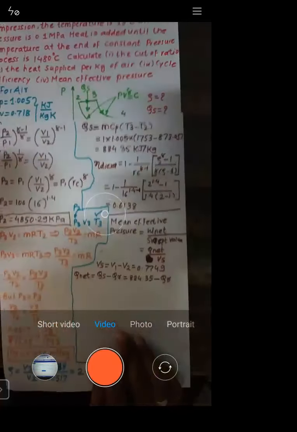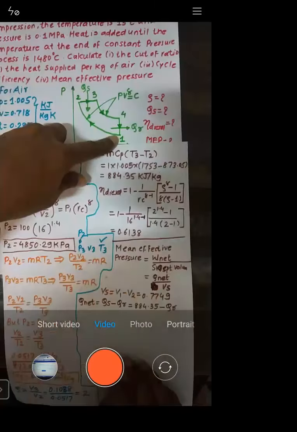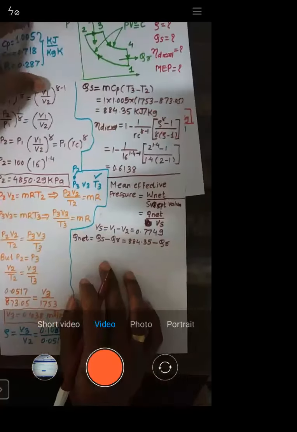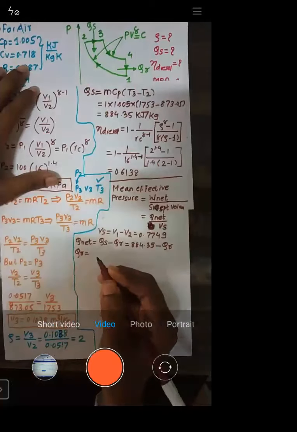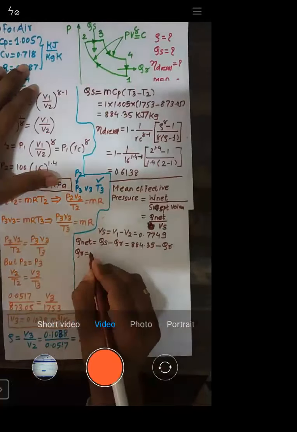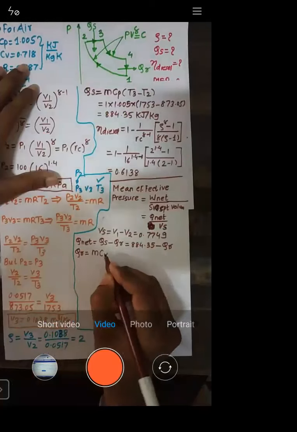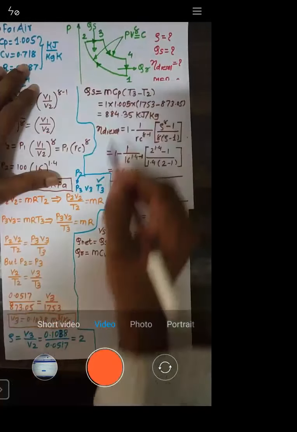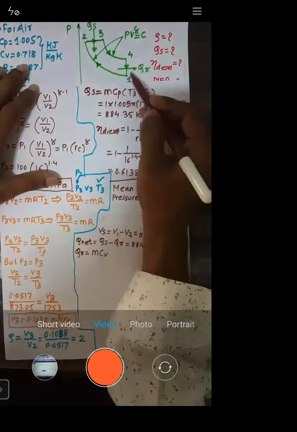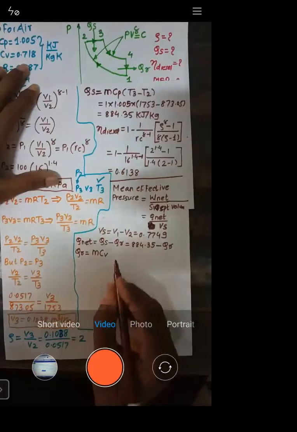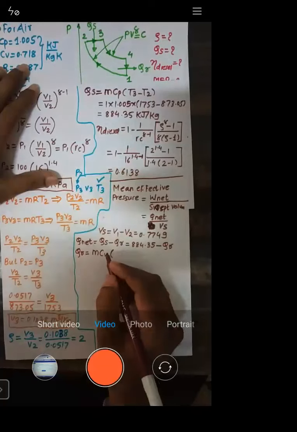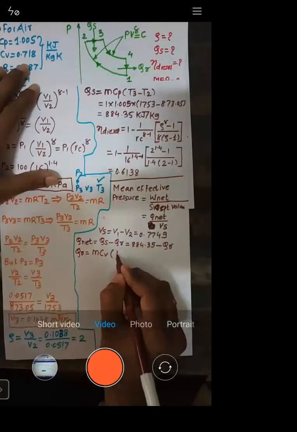During which process is heat rejected? During 4 to 1, the heat is rejected, at constant volume. So the formula is m Cv into T4 minus T1.